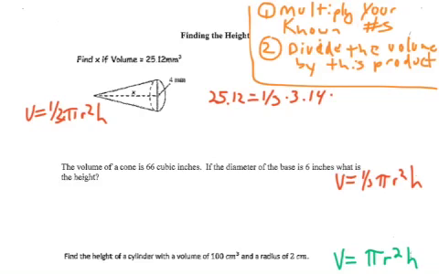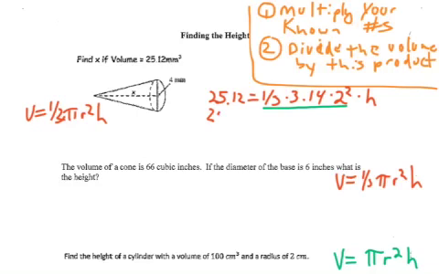The radius is actually going to be 2 because you can see here that the diameter is 4, so as we learned yesterday, the radius is 2, so 2 squared times our height, and we don't know what height is. So now all I'm going to do is take my calculator and multiply these known numbers. If you're not sure how to multiply by a fraction on the calculator, please ask your teacher for some help. I'm going to go ahead and do that right now on my calculator.